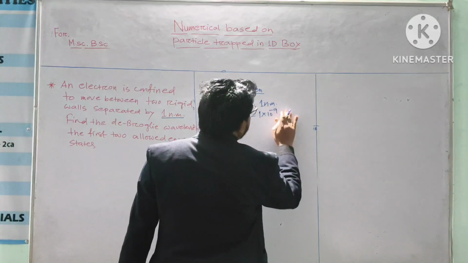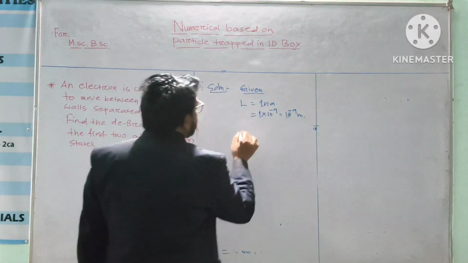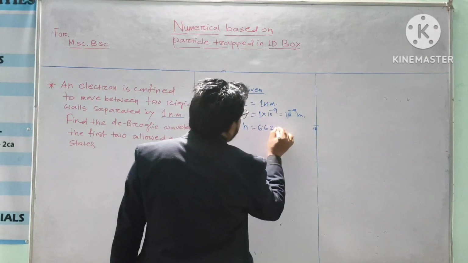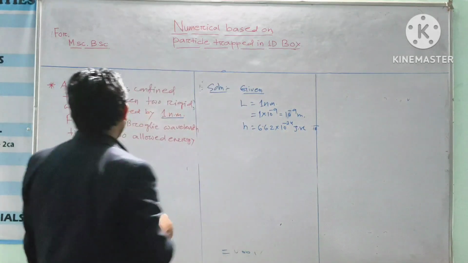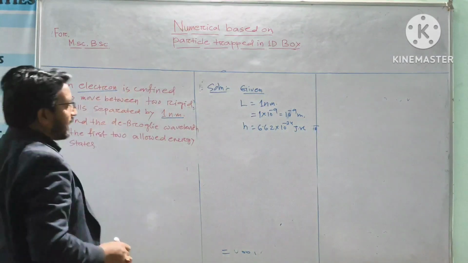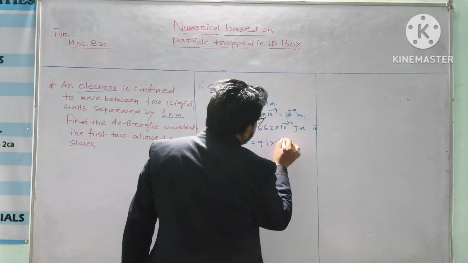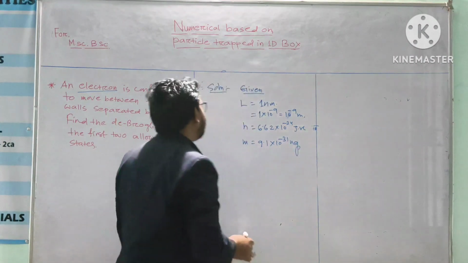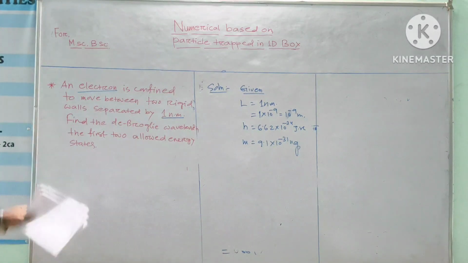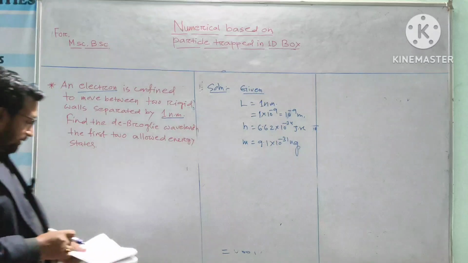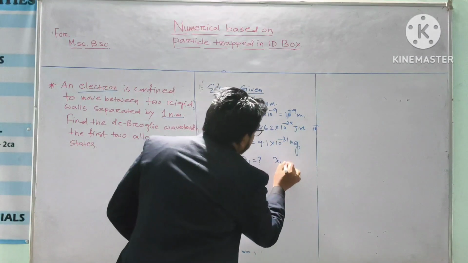Planck constant h equals 6.62 into 10 to the power minus 34 joule second, and the particle is an electron, so the mass of the particle is 9.1 into 10 to the power minus 31 kg. We need to find the de Broglie wavelengths for the first two allowed energy states, that means lambda 1 and lambda 2.